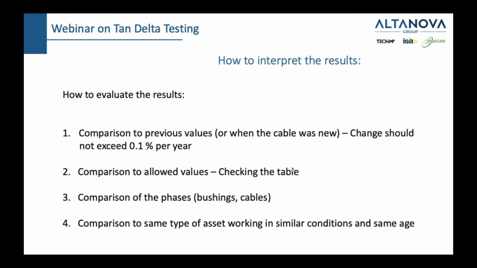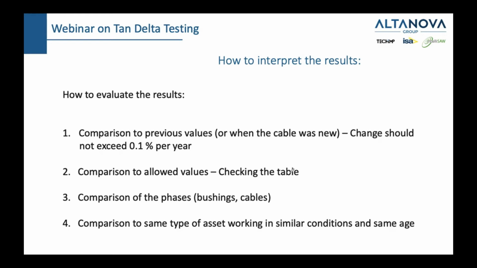Sometimes they would be the same up to a third or fourth decimal. Sometimes the second decimal would be different, but effectively the differences are very, very small, or there are no differences whatsoever. So it's completely normal to use an ISA test set, for example, after you have used a Doble or an Omicron test set. So I hope that answers your question.